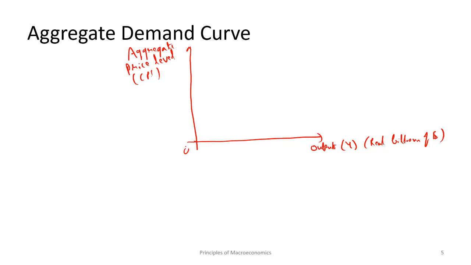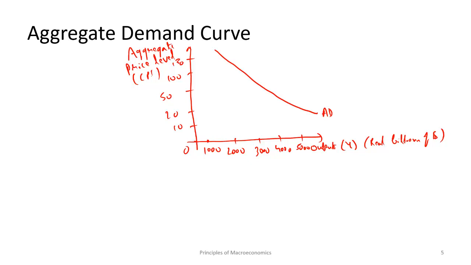Again, we can start from 0, and let's say 1,000, 2,000, 3,000, 4,000, and 5,000. And we can put prices here: 10, 20, 50, 100, 150. And the demand curve typically slopes downward. So that's aggregate demand.